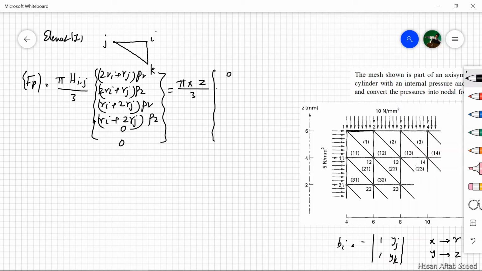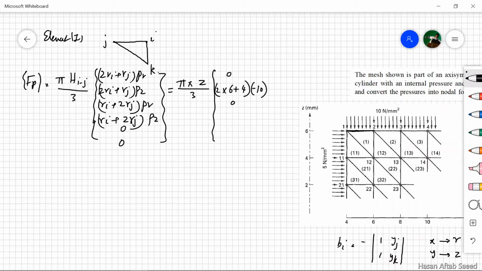The second line, 2 into RI is 6 plus RJ is 4, so 2 into 6 plus 4, into PZ, which is minus 10. This is in the negative direction. Similarly, the next one 0 again.